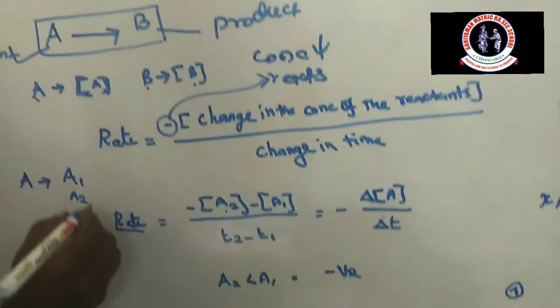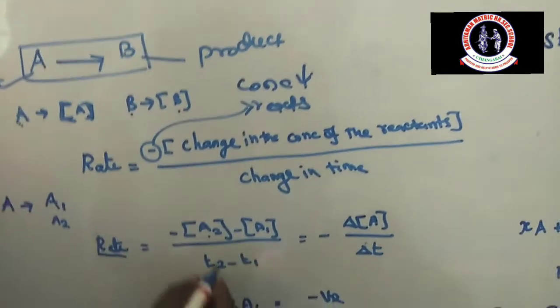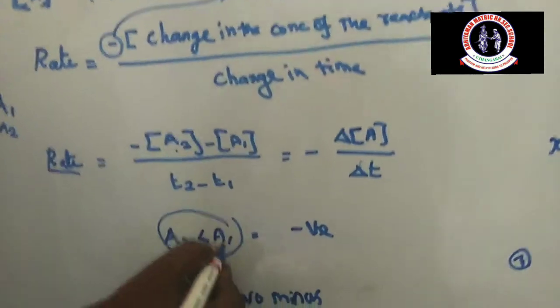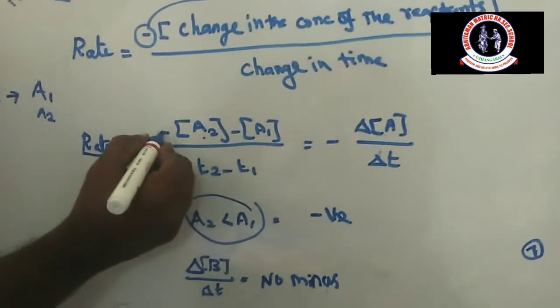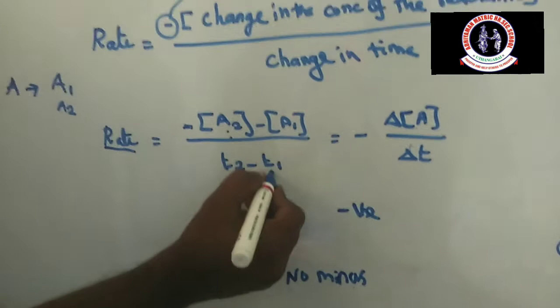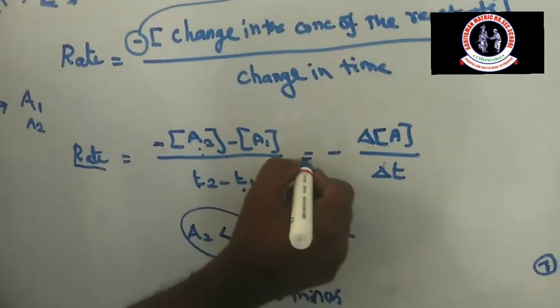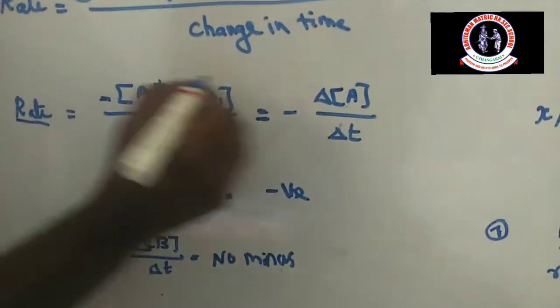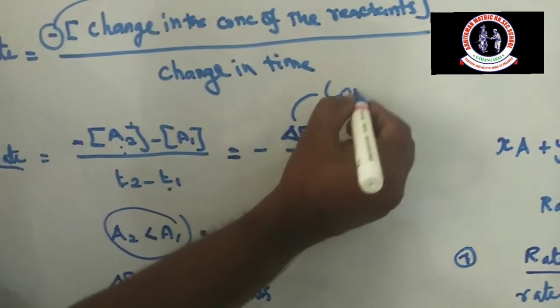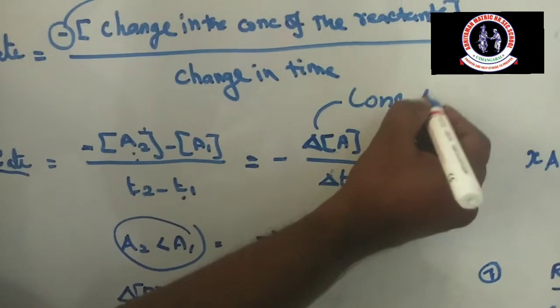Now A2 is less than A1, so negative sign, A2 minus A1 by T2 minus T1. The concentration has changed. The delta sign indicates the change.